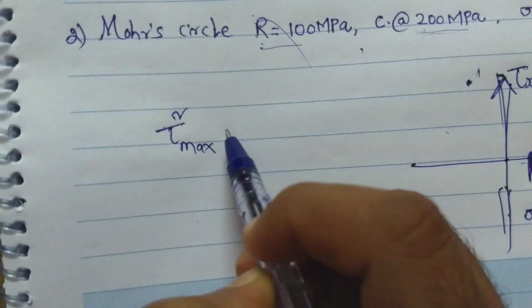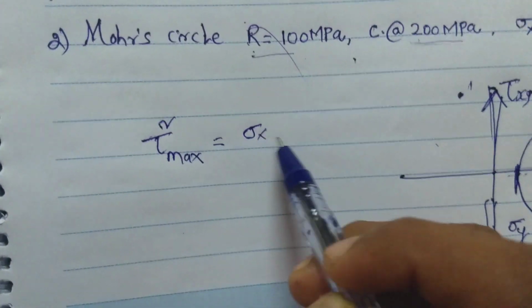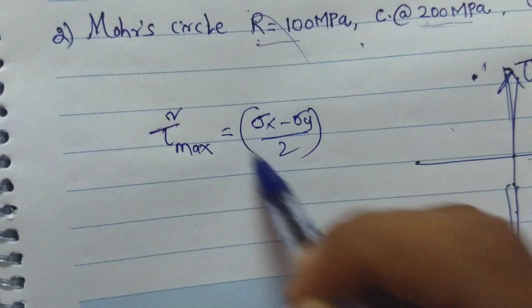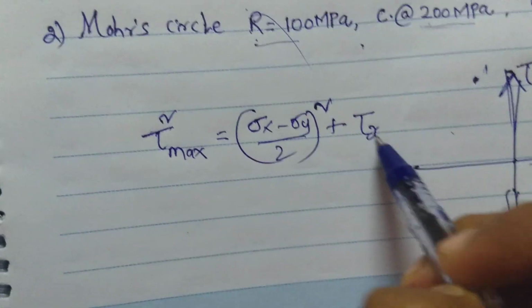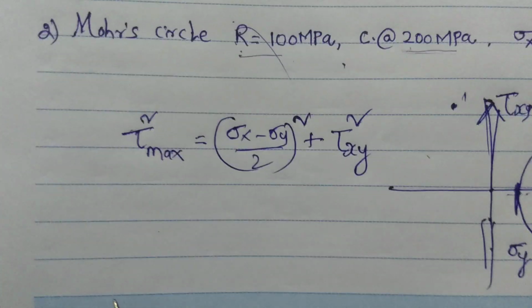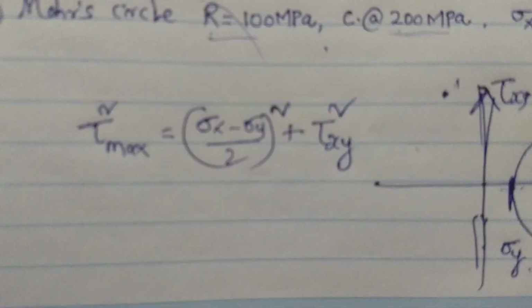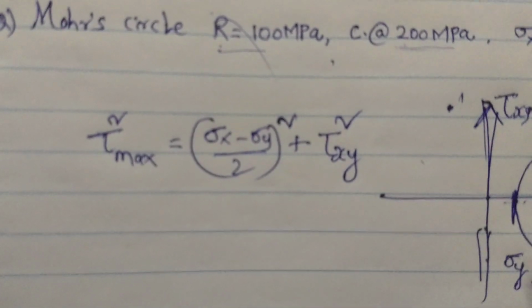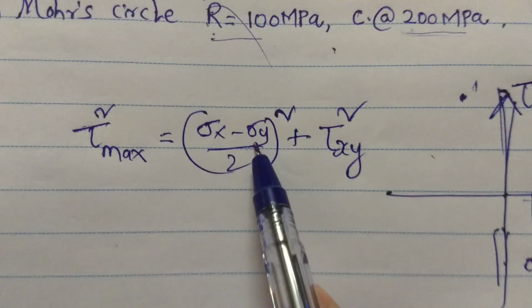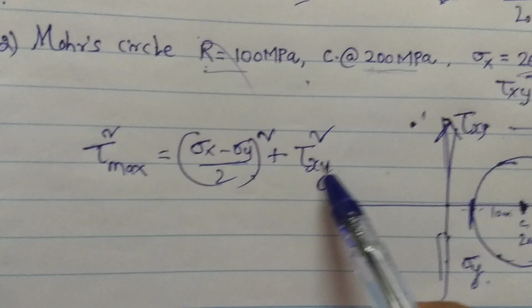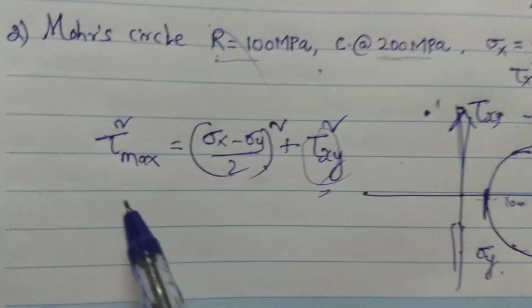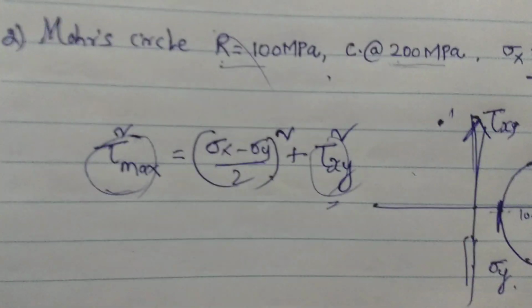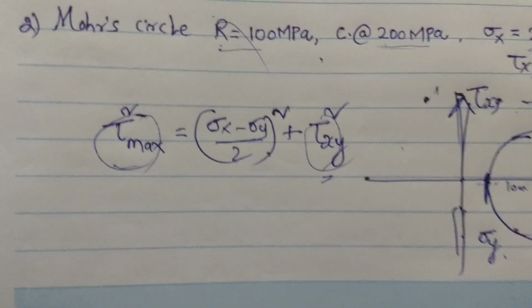tau max square equals sigma x minus sigma y by 2 whole square plus tau xy square. Here we know the sigma x value, which is 260, sigma y value is yet to be known, and tau xy is what we need to find, and tau max is nothing but the maximum shear stress component.